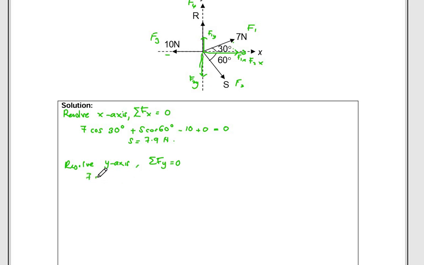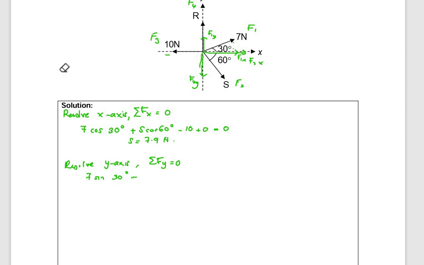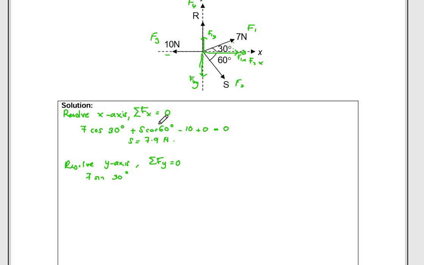Okay, 7 sin 30 plus S. Okay, S dia, Fy2 dia ke bawah, so dia negatif. Okay, ke bawah. So negatif S tadi, S sin 60.